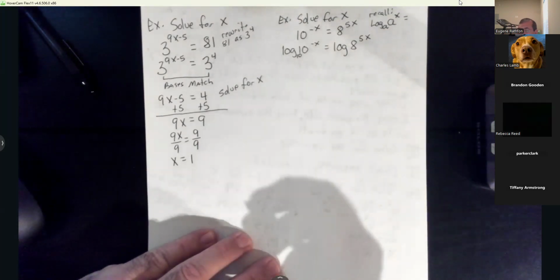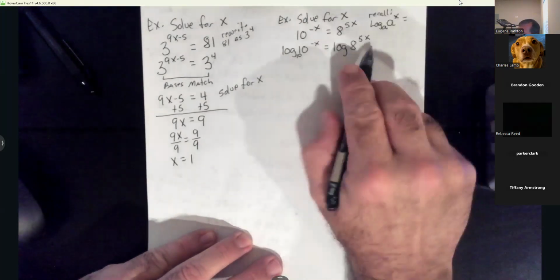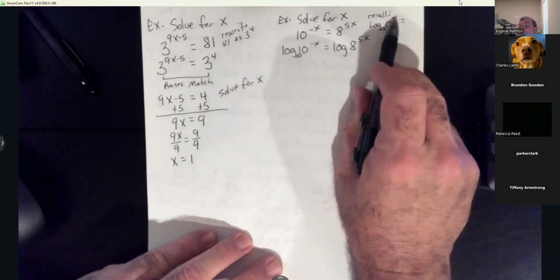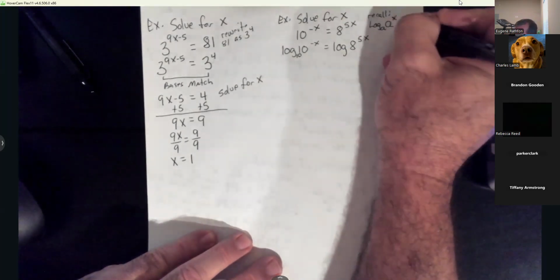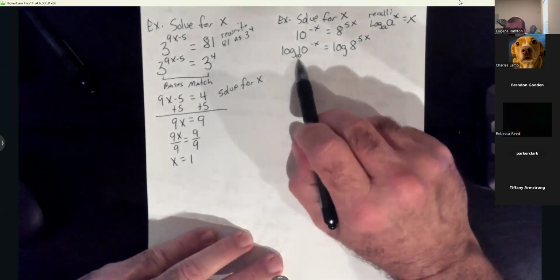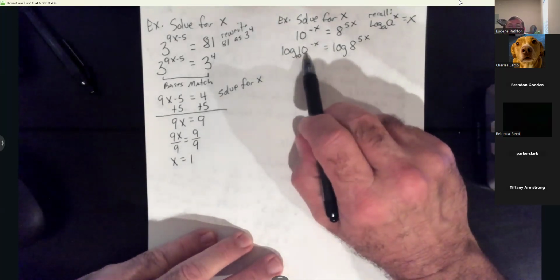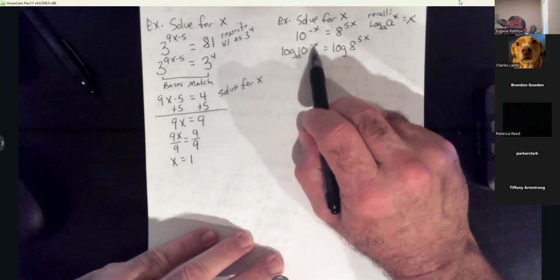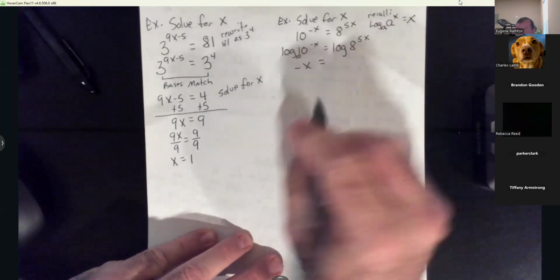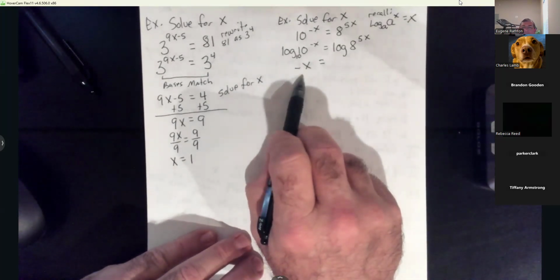Remember, if the base of the log matches the base raised to an exponent, it always equaled the exponent. So notice this side, you got a base of 10, and then that 10's raised to an exponent. So the left side is just going to equal a negative x.